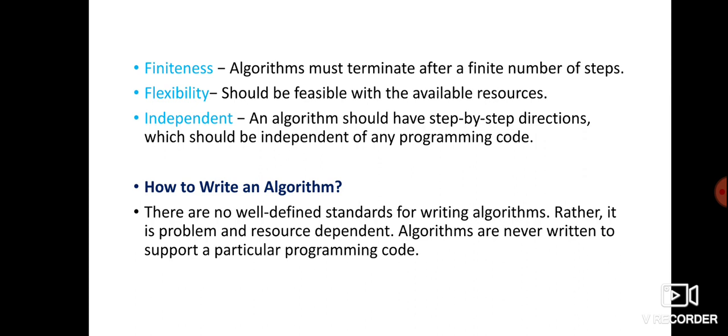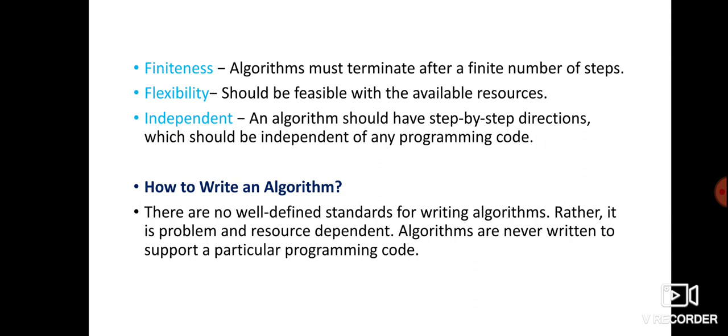Language independent. An algorithm must be language independent so that the instructions in an algorithm can be implemented in any of the languages with the same output. Effectiveness. An algorithm should be effective as each instruction of an algorithm affects the overall process.